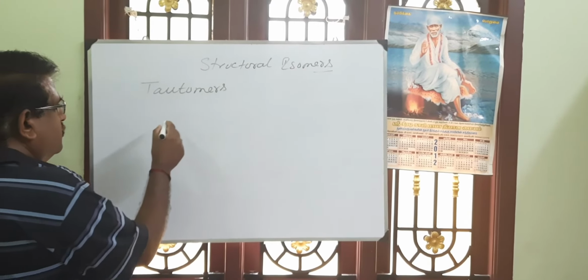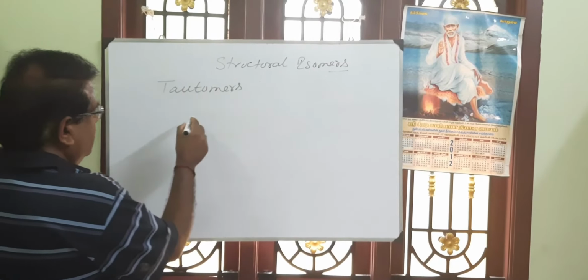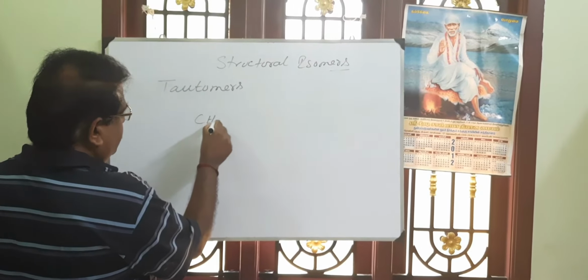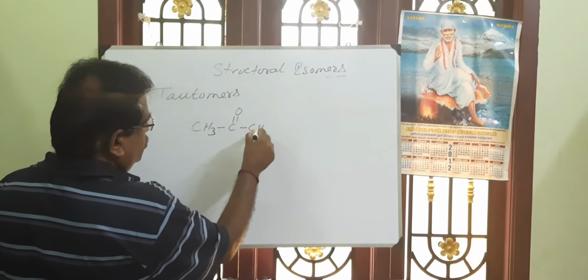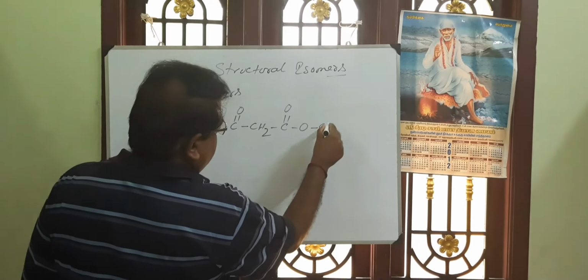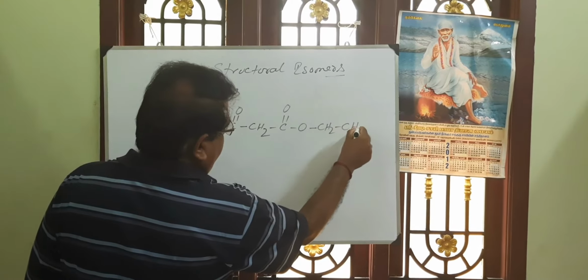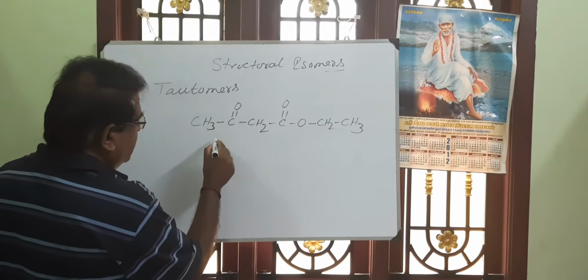So let us discuss ethyl acetoacetate, that is CH3COCH2COOCH2CH3. The name of the molecule is ethyl acetoacetate.